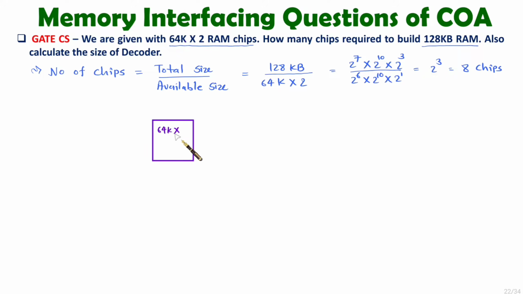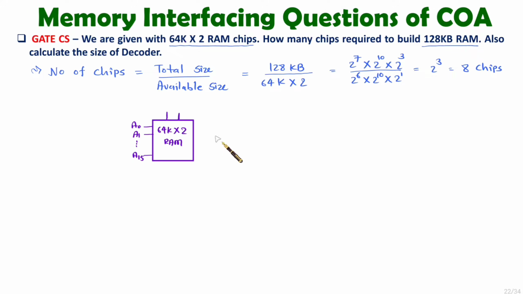When you talk about 64K cross 2, what does it mean? We have the number of addresses, that is 64K. 64 means 2 to the power 6, K means 2 to the power 10, so 16 address lines will be there: A0 to A15. And how many data lines are there? 2 data lines are there.